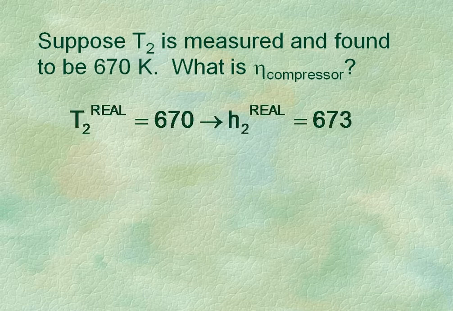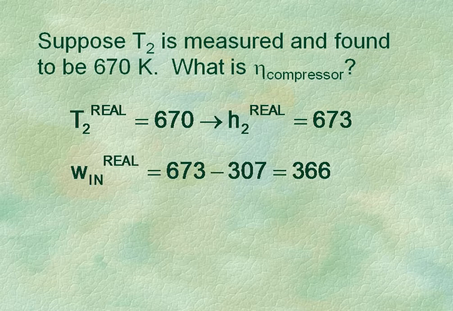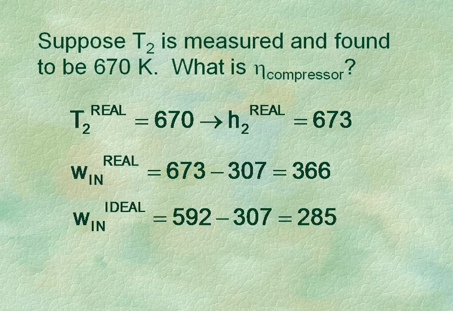You can do this by calculating H2 real from the temperature. Use Cp times T, again with the reference state of 0. And the real work would be 366. So having measured the outlet temperature, I could calculate what the efficiency was of the compressor, because I knew the ideal work, the ideal delta H, 285.